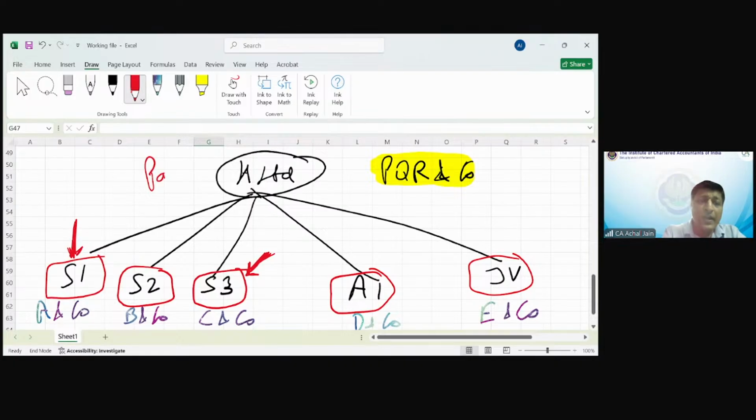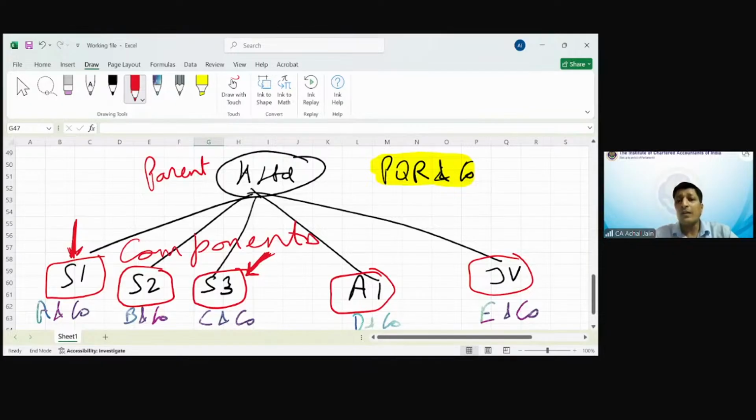So this will be called the parent, and S1, S2, S3, all the companies which are going to be consolidated, are called components. Okay, so all of them are called components.